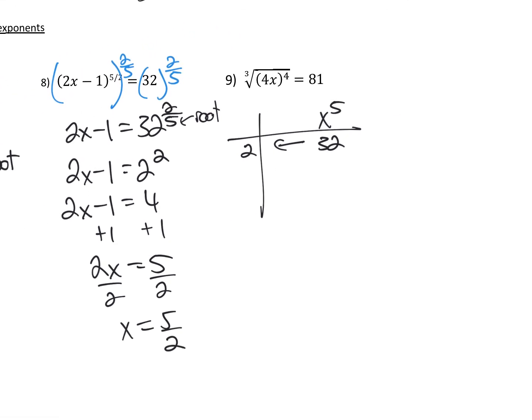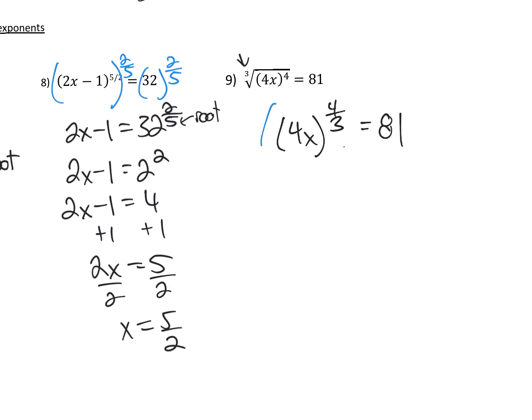Okay, last one, let me erase my little power chart. You have to rewrite this. So I know that this is 4x to the, this is your root, so that number's got to be in the bottom. 4x to the 4/3 equals 81. Grab another color, put big parentheses around these, and take it to the 3/4.